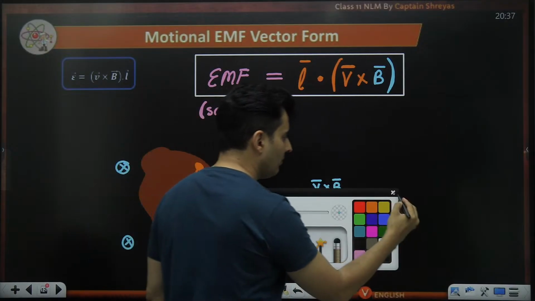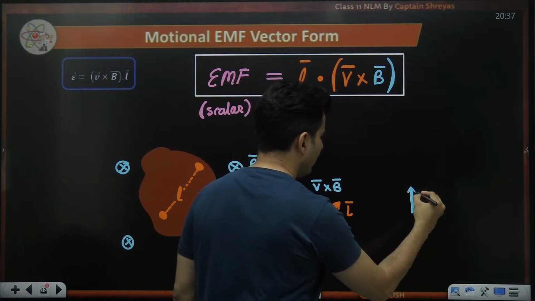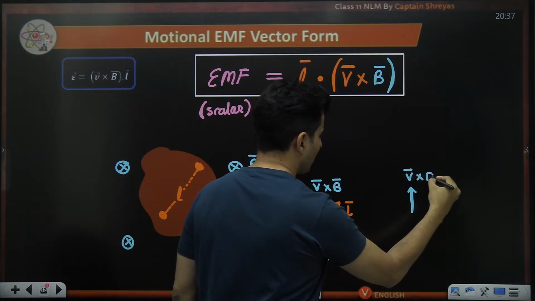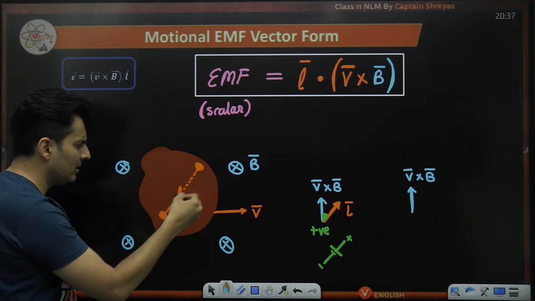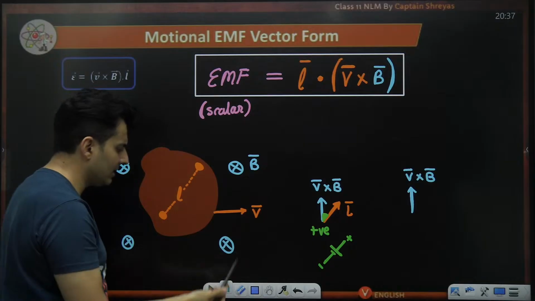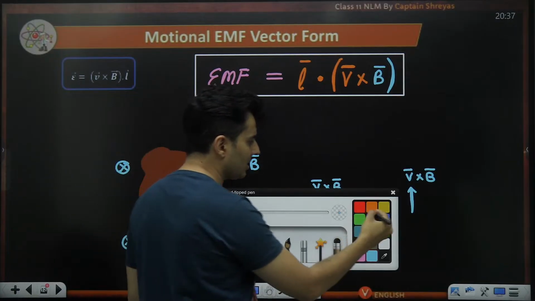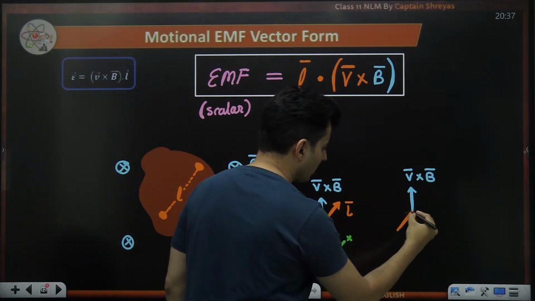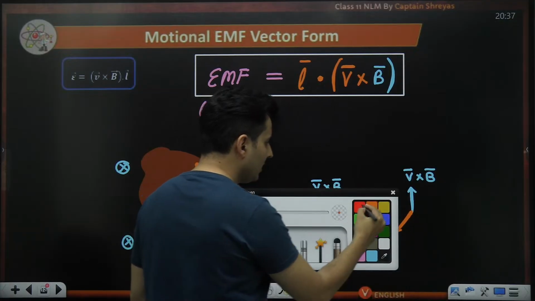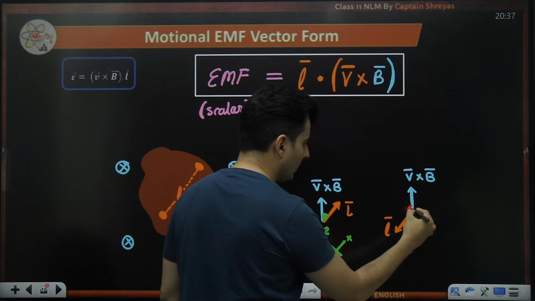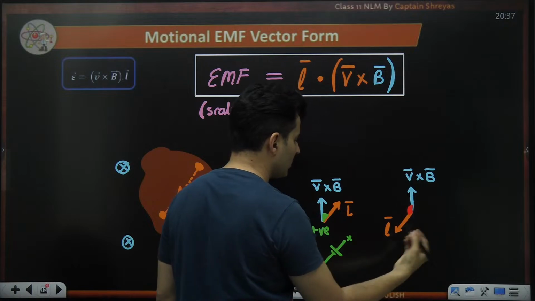But some hero, V cross B is like this, some hero doesn't know that actually I should take length this way or this way. So that person takes the length like this, because length actually does not have direction. So you can take either way. So if that person chooses the length to be this way, then this dot product will be negative because this angle is obtuse.